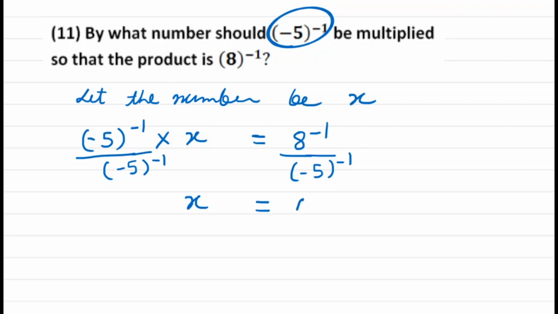Or simply just do one thing, both are having the same power, so we'll just write it as 8 by -5, all to the power -1. If the power is -1, then you have to take the reciprocal. So reciprocal will be -5/8. So that number x will be -5/8. So I hope this one is clear.